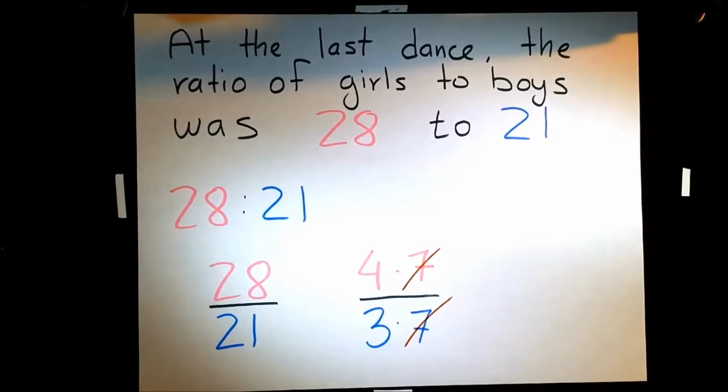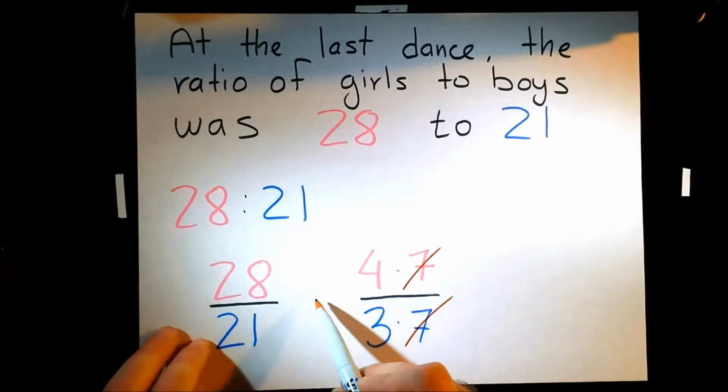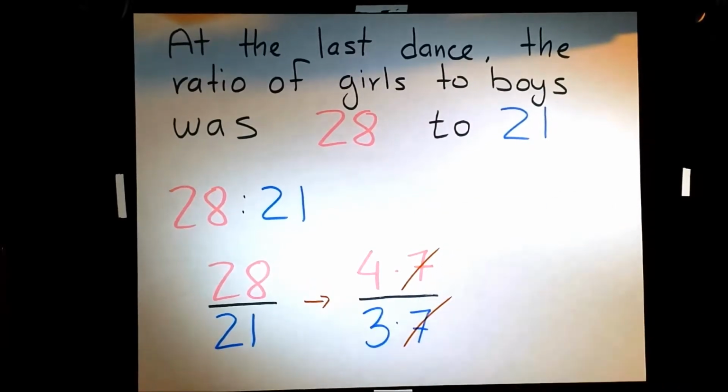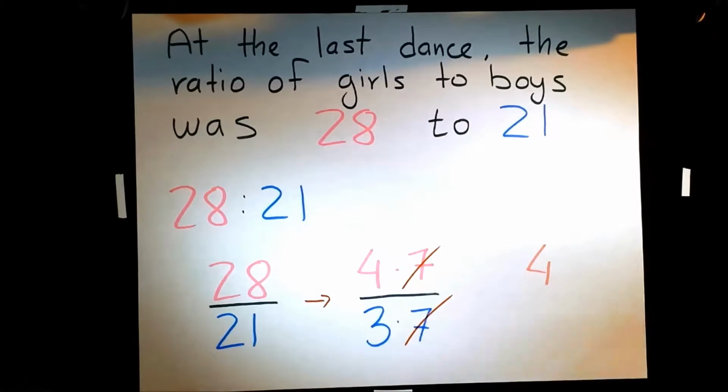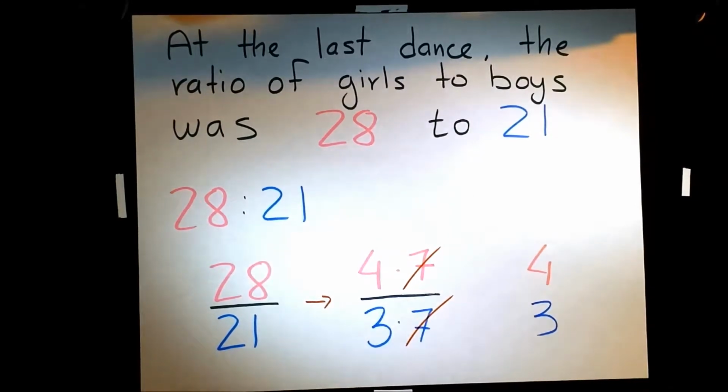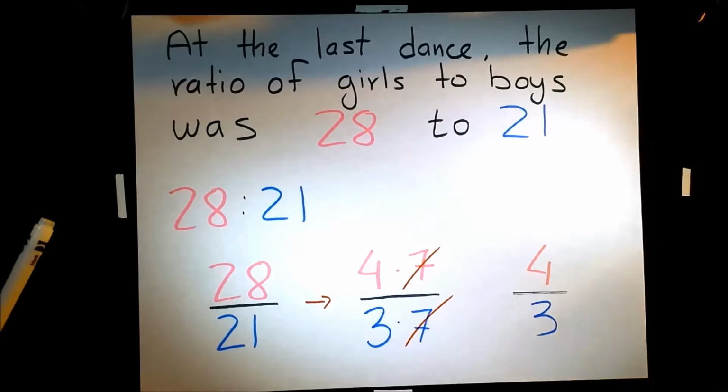And what does that leave me? It leaves me just the 4 on the top and the 3 on the bottom. And this is the simplest form that this ratio can take.